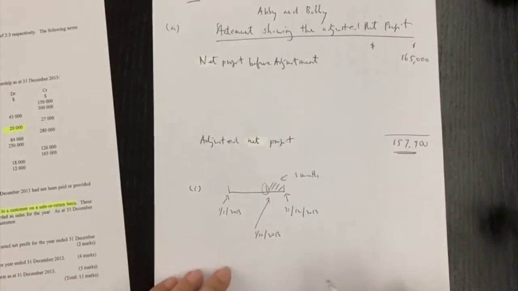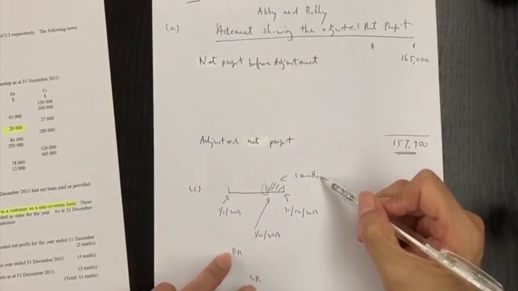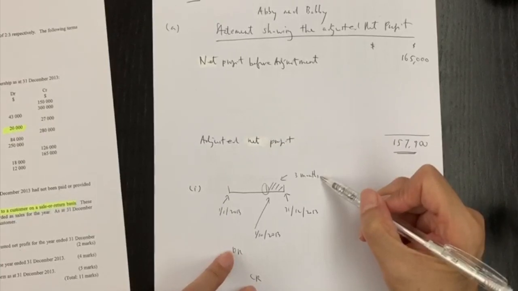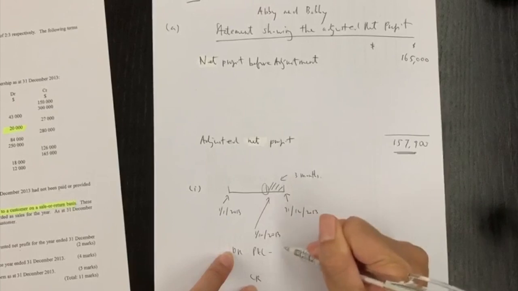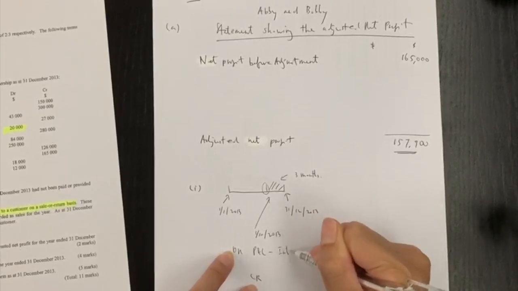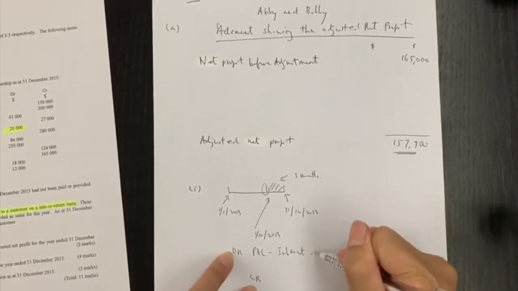Okay, so what is the double entry? What is interest? Interest is always a finance cost in the profit and loss account, so we have to debit profit and loss, interest on bank loan.